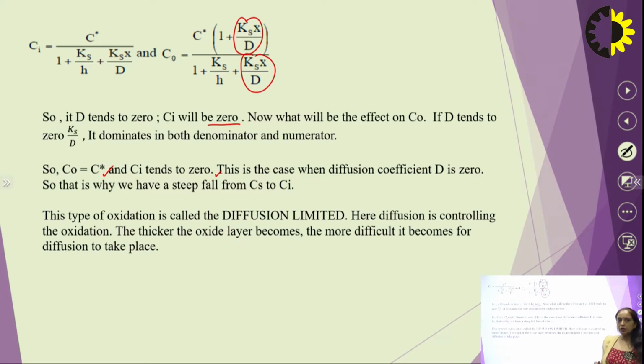We have a steep fall from Cs to Ci. This type of oxidation is known as diffusion limited. Here the diffusion is controlling the oxidation process. The thicker the oxide layer, the more difficult the diffusion process becomes, so it is hard for the components to diffuse.